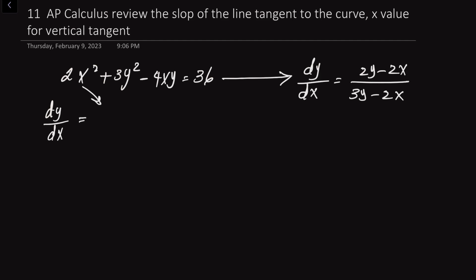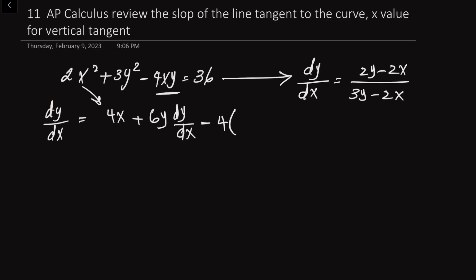So the derivative of 2x squared is 4x, right? Plus 2 times 3, that's 6y dy/dx, minus 4.